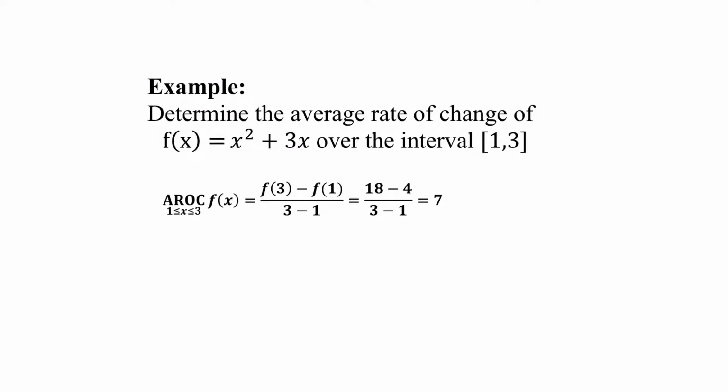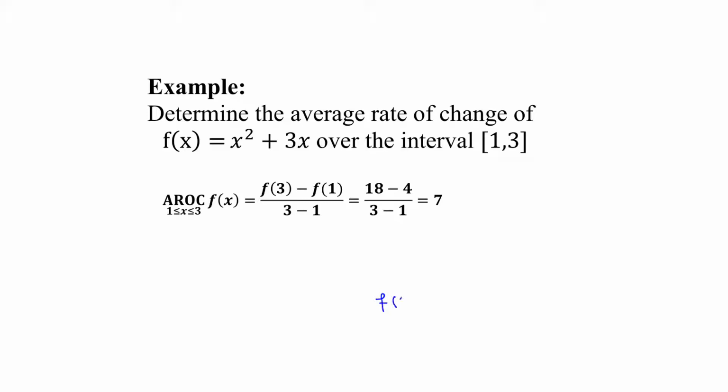Let's have an example. We want to find the average rate of change of f of x equals x squared plus 3x over the interval 1 and 3. AROC of f of x when x is between 1 and 3 is f of 3 minus f of 1 divided by 3 minus 1.